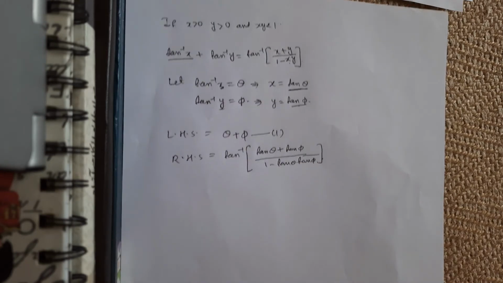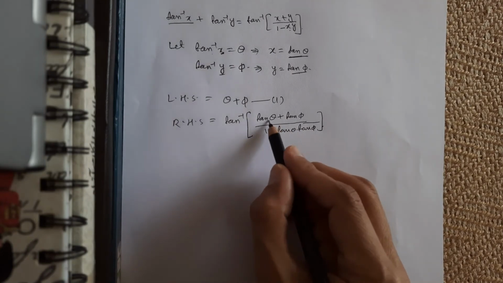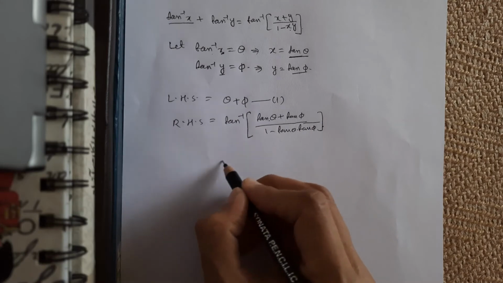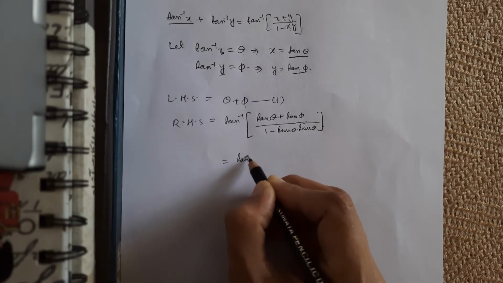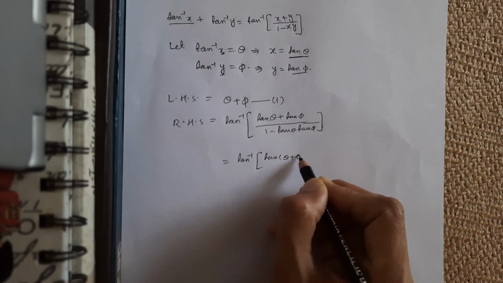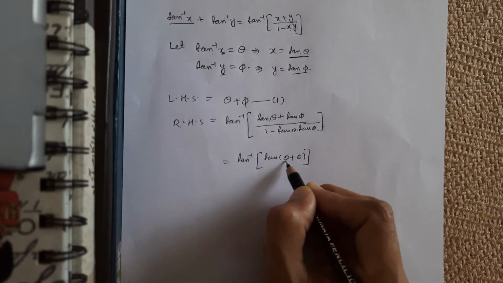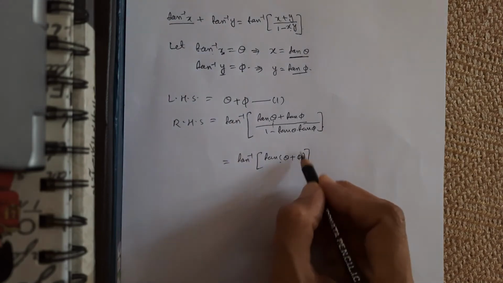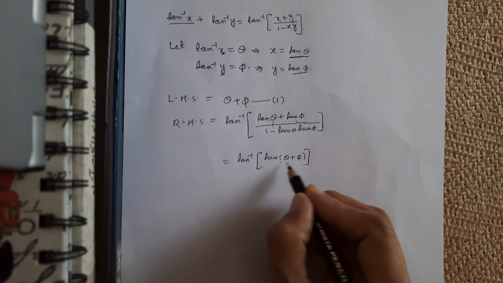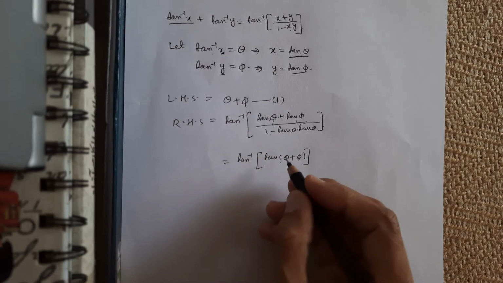We have already seen this is the formula for tan of theta plus phi, so I am replacing it: tan inverse of tan of theta plus phi. Tan of theta plus phi is tan theta plus tan phi upon 1 minus tan theta into tan phi. This formula we already discussed in the previous lecture.